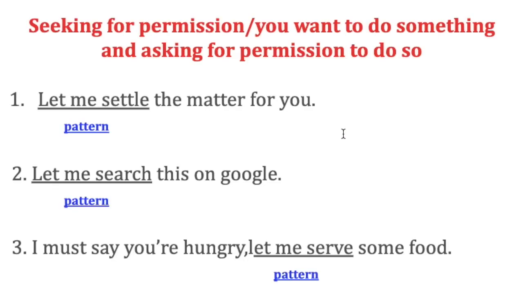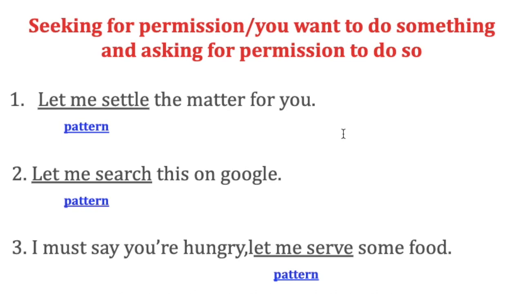Quickly go through a few sentences. First, and a very important use of the verb "let": we use it for seeking some sort of permission, or you want to do something for someone and you're asking for permission to do so. For example, say there are two friends of yours who are fighting, involved in some kind of scuffle.